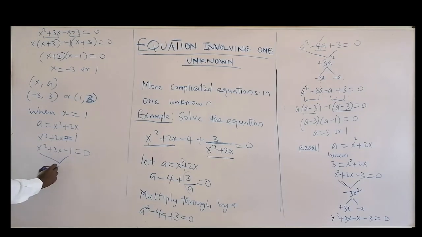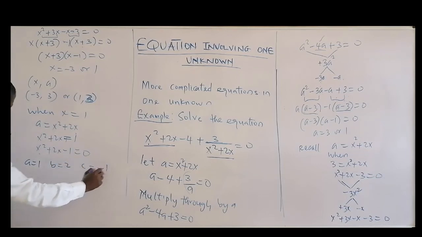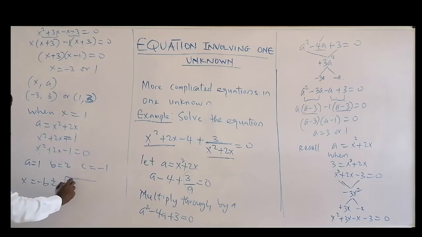This is x squared, and 2 factors of this is minus 1. We can't factorize this, so we use the formula. a is 1, b is 2, c is minus 1. So x is equal to minus b plus or minus root of b squared minus 4ac all over 2a.